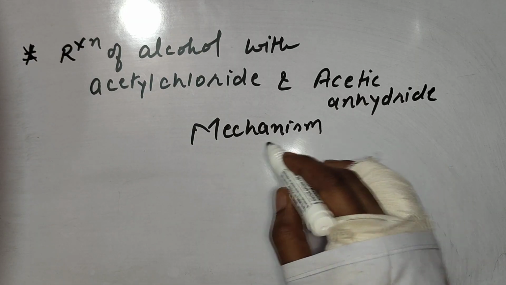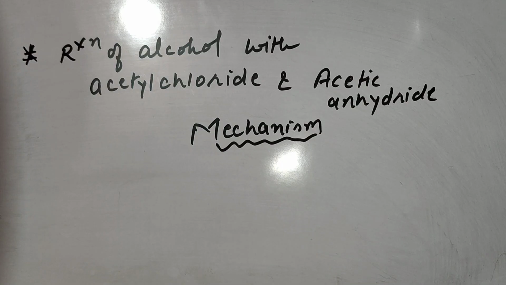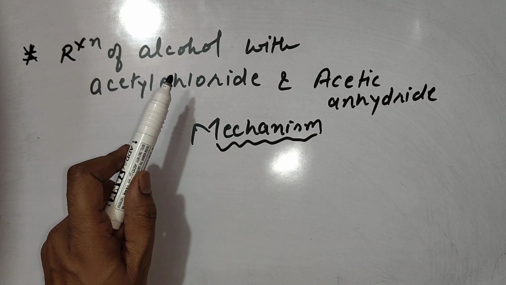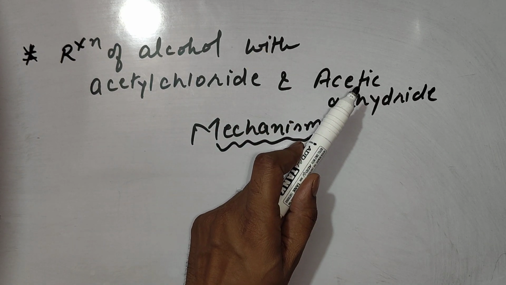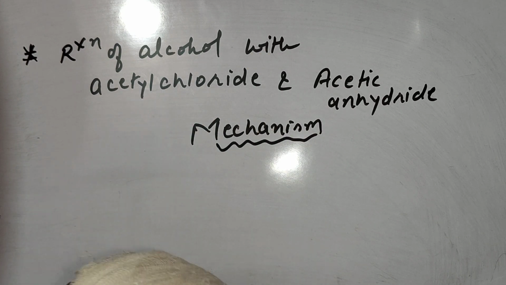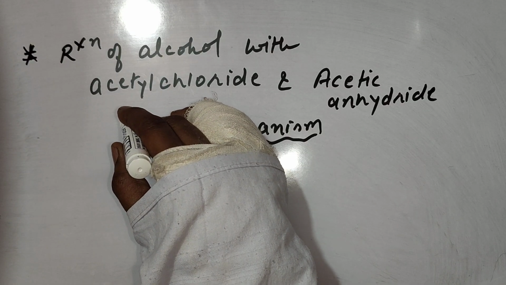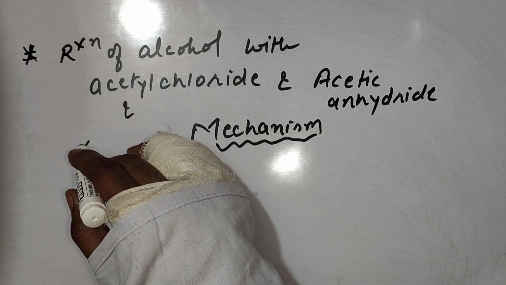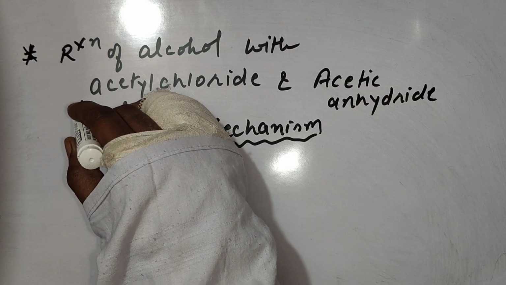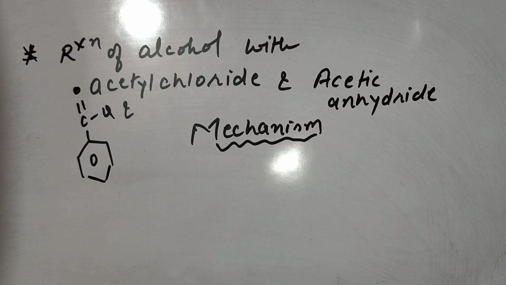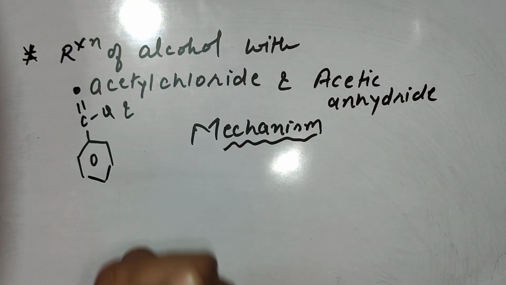Please check these videos. Alcohol reacts with acetyl chloride, or with acetic anhydride, or with benzoyl chloride also. With the same mechanism, phenol will react.